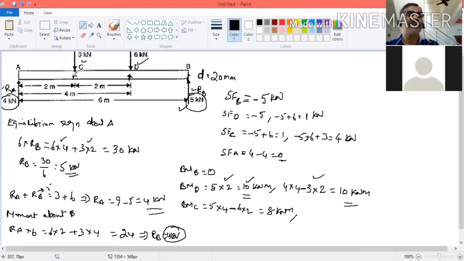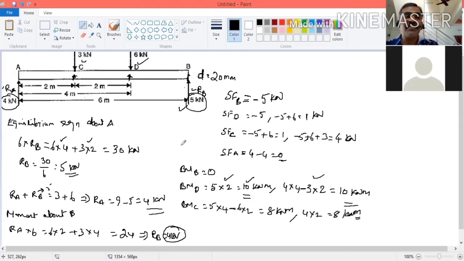To find the bending moment at point C considering the left side, it is 4 into 2. On the left side, clockwise moment is positive, so 4 into 2 is equal to 8 kilonewton meter. No problem. You can consider either right side or left side, but you have to follow the sign convention correctly.